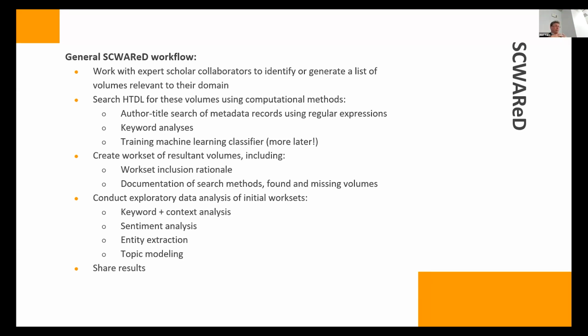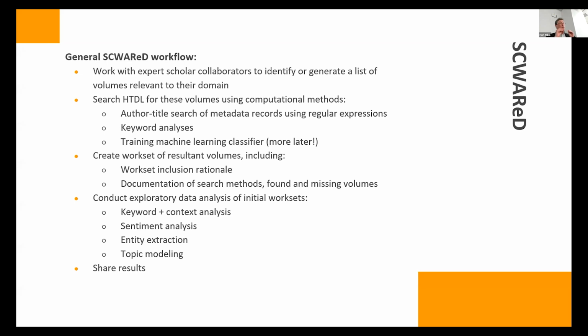And this is a problem because we'd like to collect or do analyses over entire collections. Let's say all of Shakespeare or all of Herman Melville, right? You don't want to be missing a book when you're doing an analysis. So gap filling is becoming one of our goals on that.